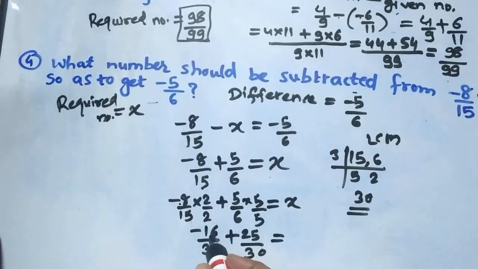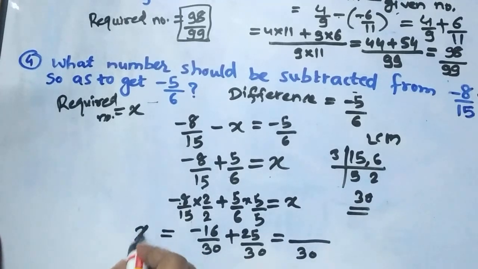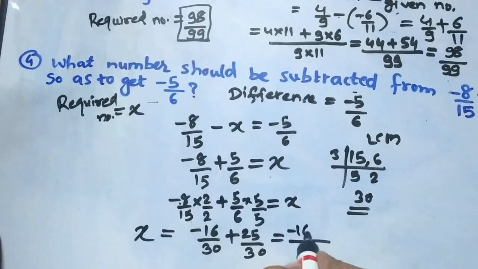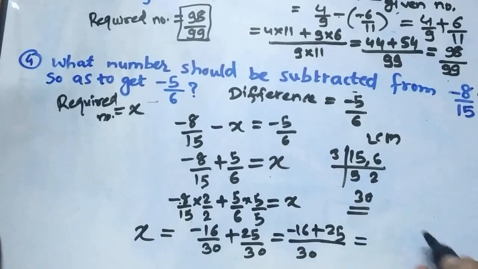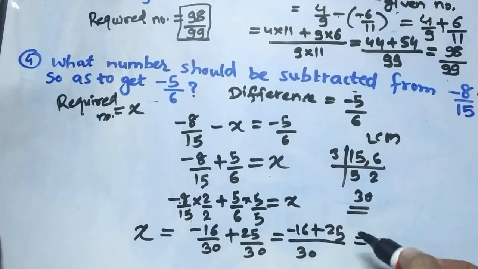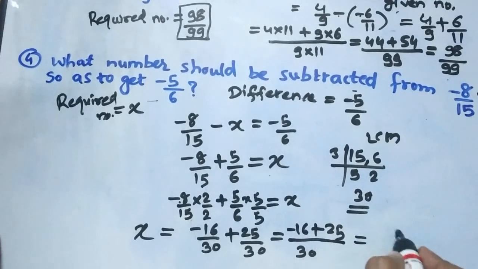So friends, now just remember, in the denominator write down the 30. Here you can write x. Here minus 16 plus 25 is there. Friends, look at here, one negative integer and one positive integer is there. So perform the subtraction. Subtract the smaller number from the bigger number. You will get 9 by 30, and the sign of the bigger number will be there.